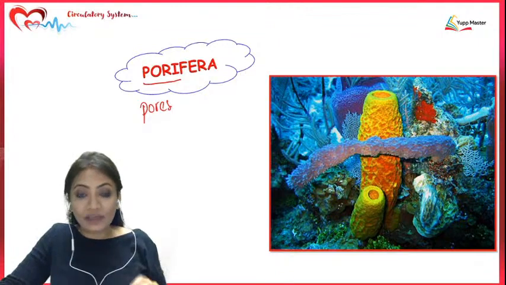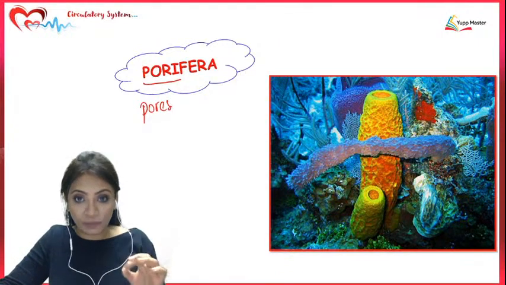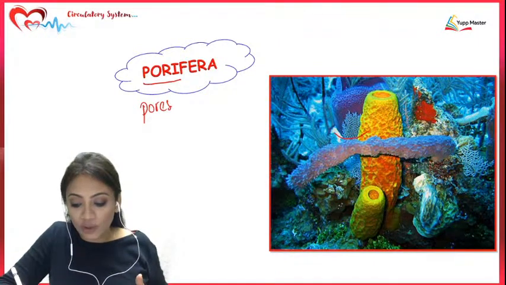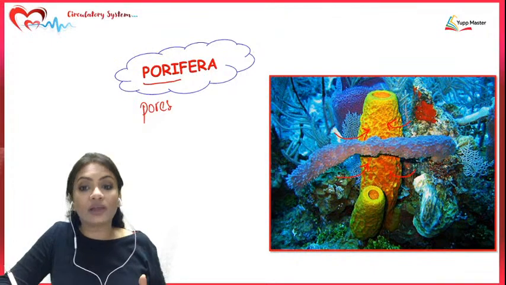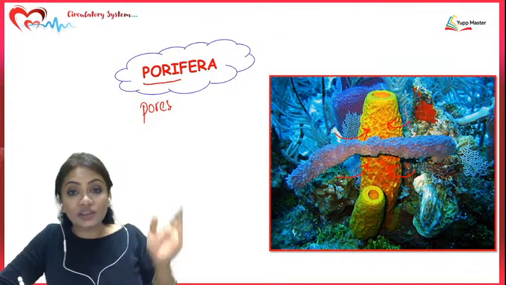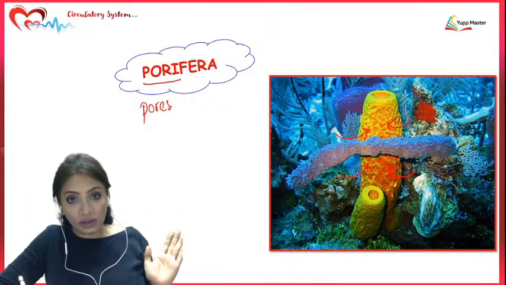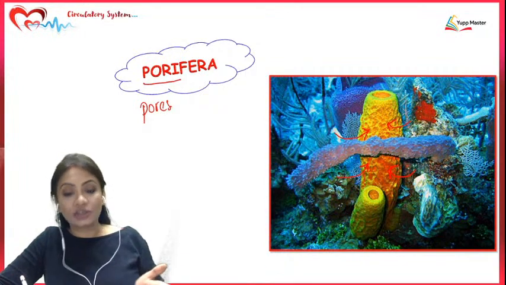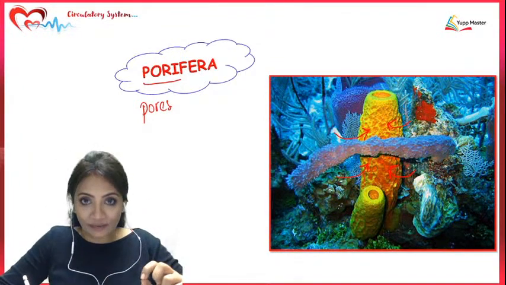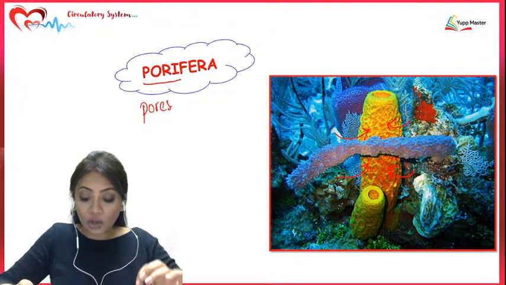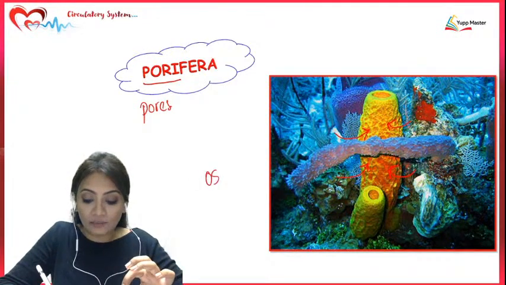So now what is happening with these pores? With the help of these pores, water can go inside. Can you see in the diagram that I am drawing these arrows? The direction in which I am drawing the arrows is the direction through which water is able to enter into this sponge. These small openings that we have here are called ostia.